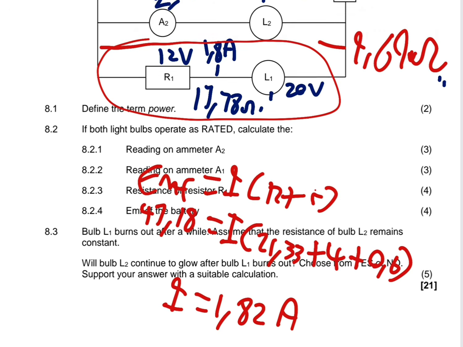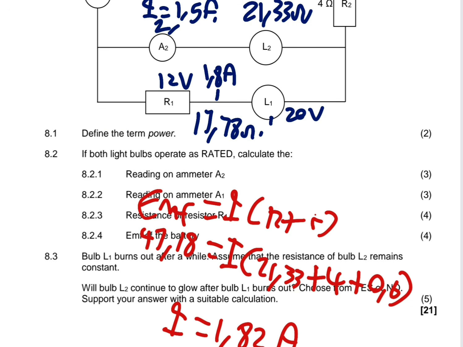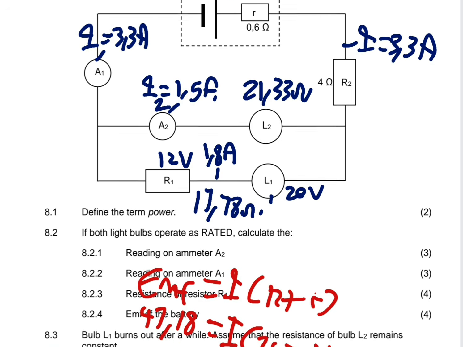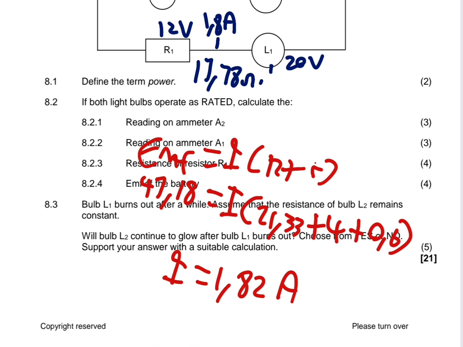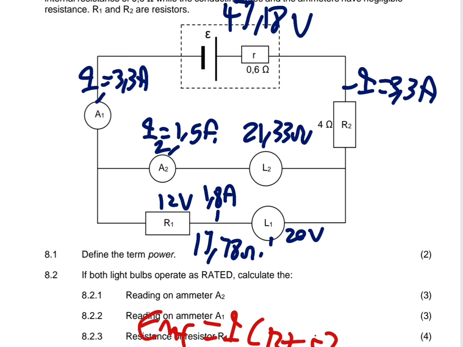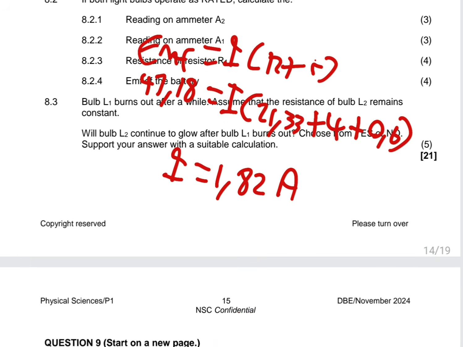So we can see that there is still current left in the circuit. This will now be the total current, 1.82, flowing through L2, which is also higher than the previous current we had at L2. So yes, it will continue to glow.